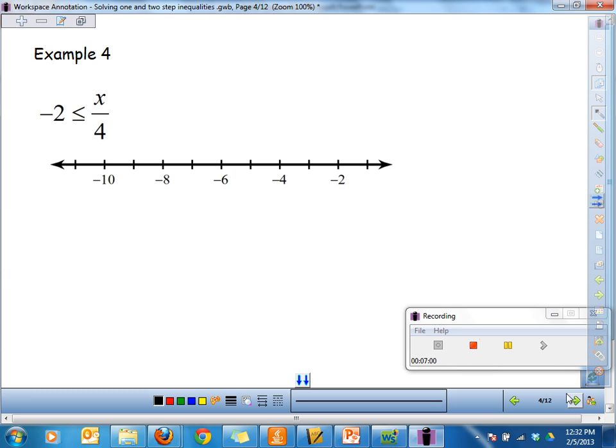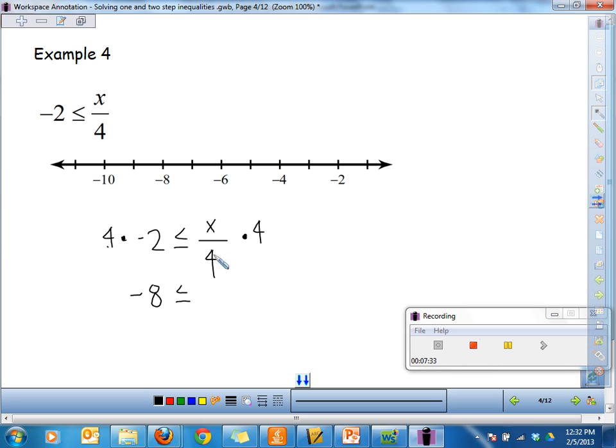Let's take this example. Negative 2 is less than or equal to x over 4. So, I'm going to say, okay, what's happening to x? Right now, x is being divided by 4. How do I undo divide by 4? I multiply by 4. 4 times negative 2 is negative 8.